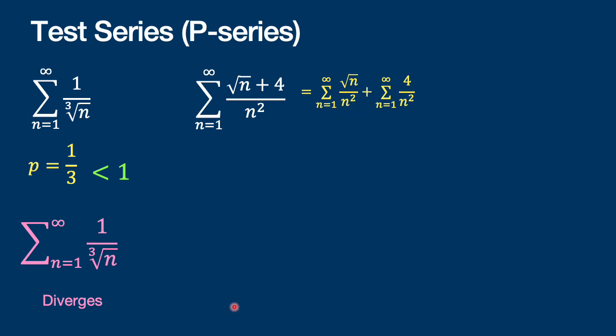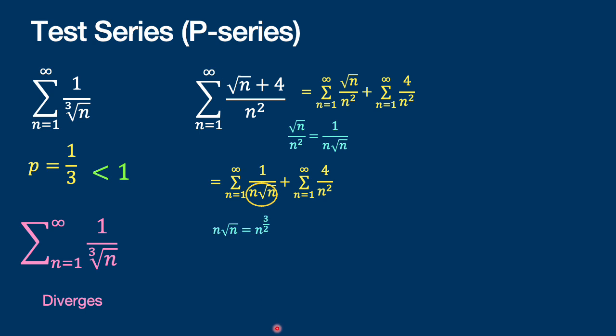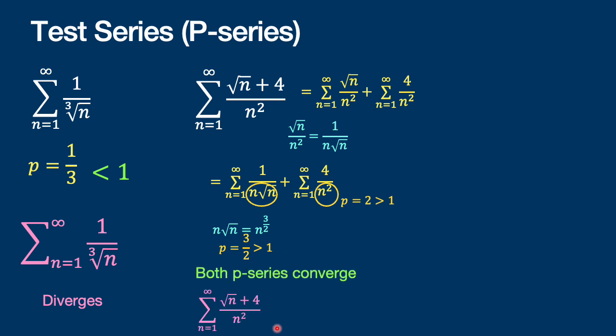Let's simplify the other one. Square root of n over n squared means 1 over n square root of n. What is the p value here? n square root n. We did it, right? The p is 3 over 2, so the p value is greater than 1. The second series has p value 2, which is greater than 1. We say both P series converge, so this series converges.